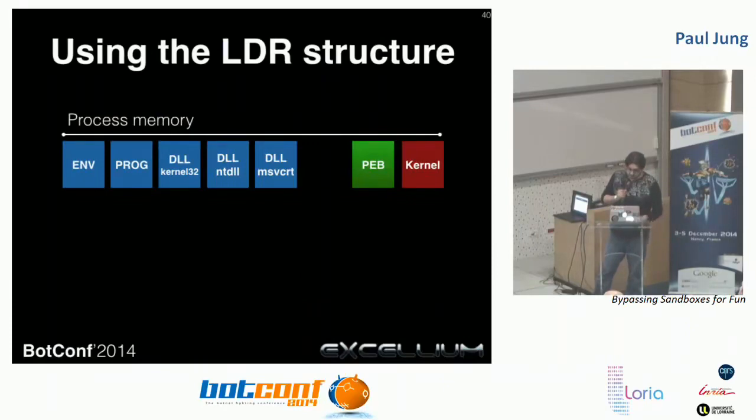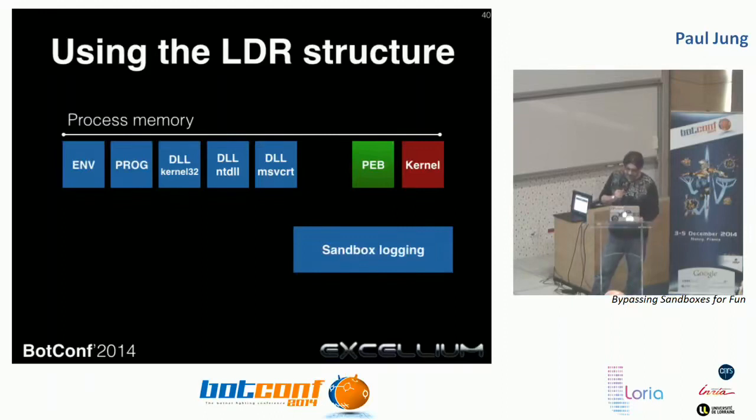You may also leak a DLL installed by the sandbox. Little example. So I have my process memory, and I have a sandbox, and the sandbox will want to log any network calls. So to hook the DLL function, it will load the DLL and hook the functions.